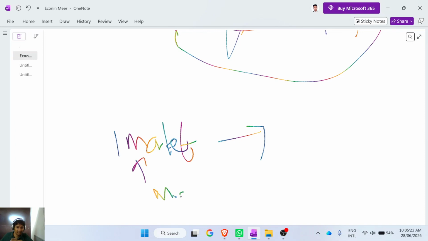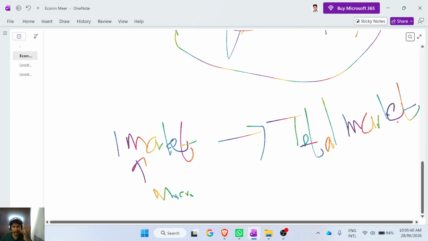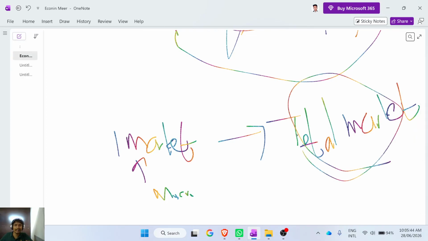If we look at the market of a country or one market of the world, that is microeconomics. If we consider the total market of a country or of the world, that is macroeconomics.